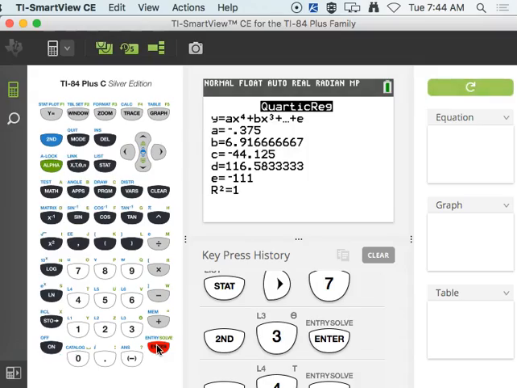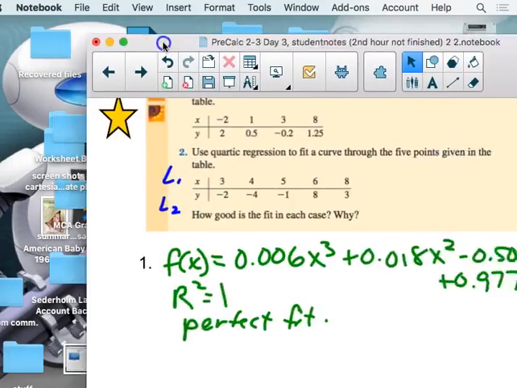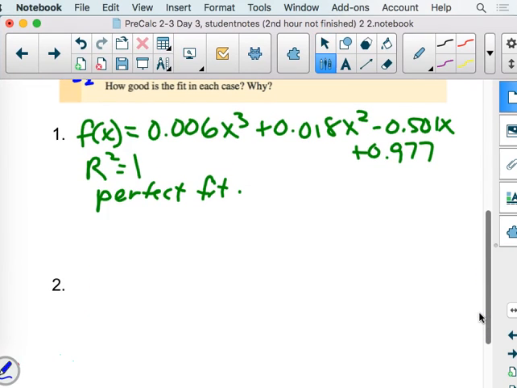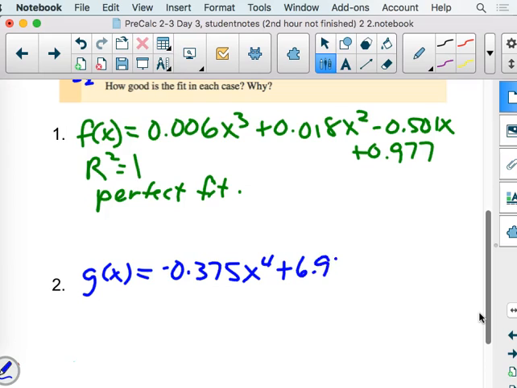Again, maybe not the best mathematical model. We would have to actually take a look at the data to see that. Does it make sense for what the data has? I'm going to name this one g of x just so we have something a little different. So that one was negative 0.375x to the 4th plus 6.917x to the 3rd minus 44.125x squared.